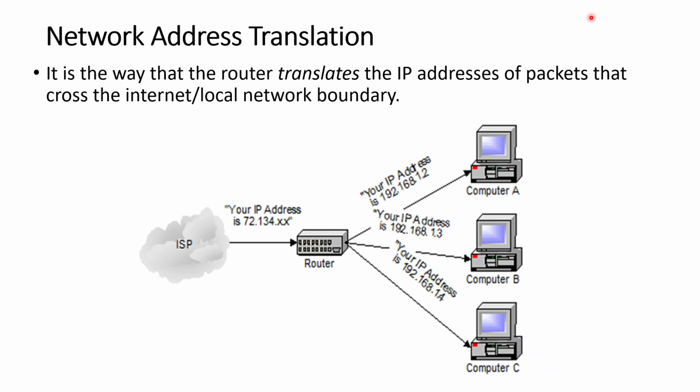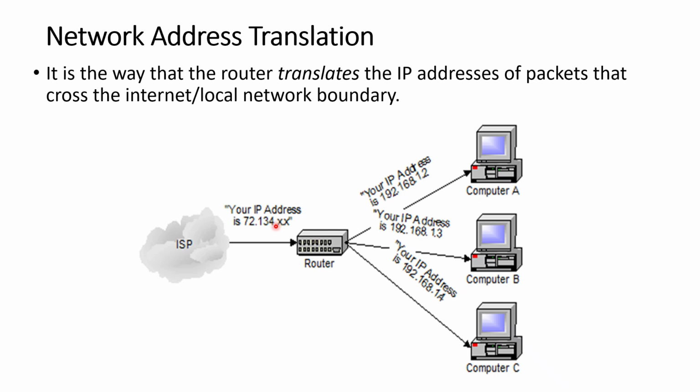The router keeps a record of this translation in a NAT table, linking the public IP back to computer A.